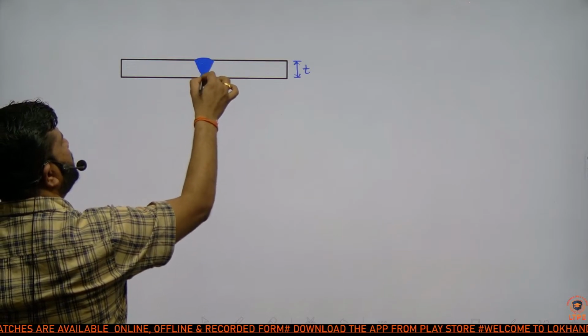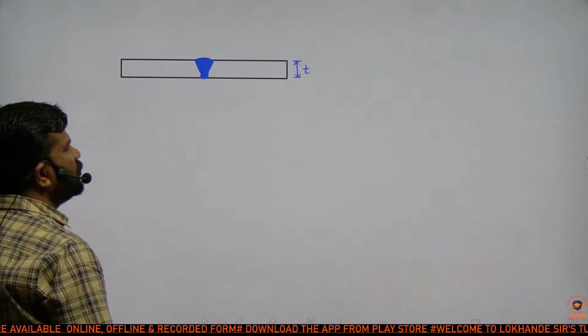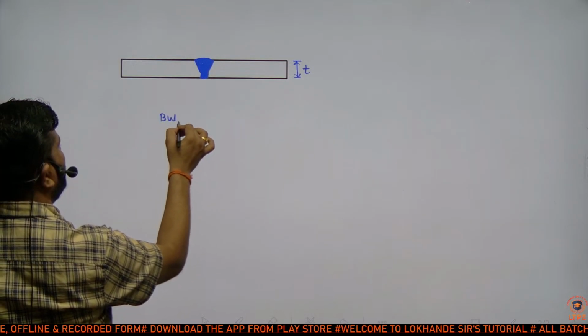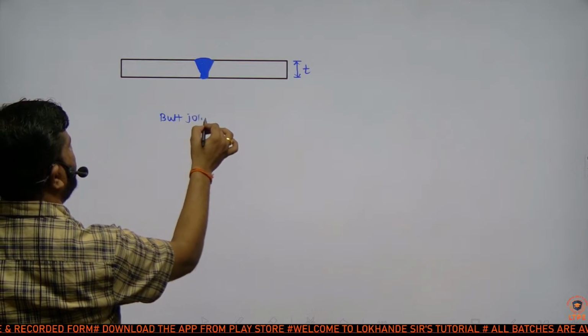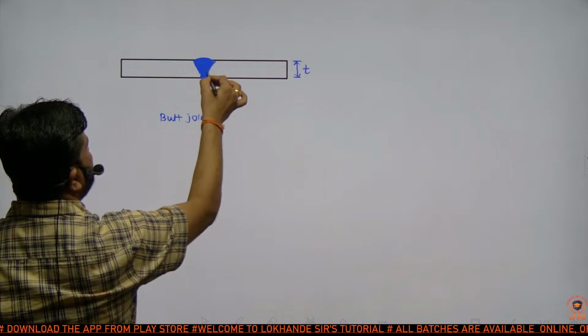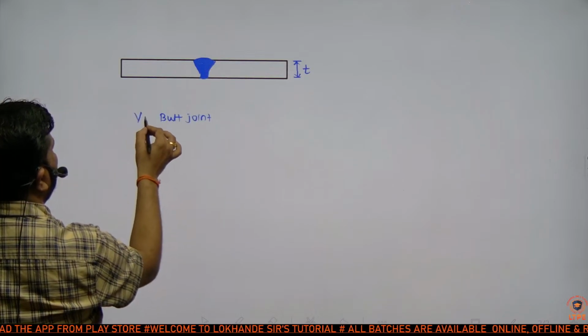If I join these two plates, then it is called which joint? Butt joint. As its shape is like a V, it is called a V butt joint.